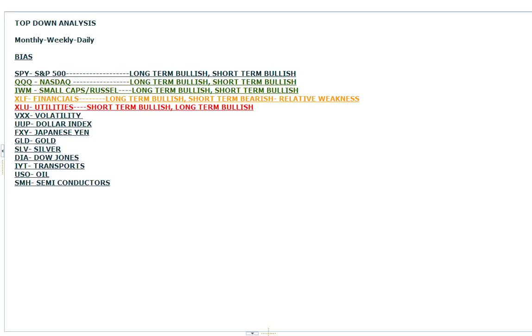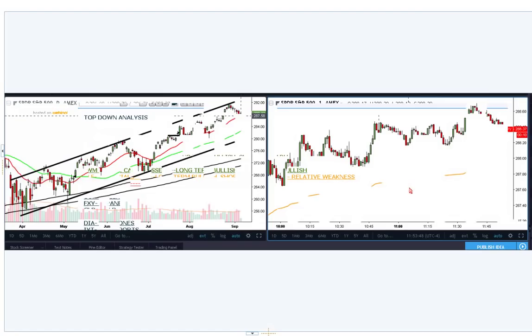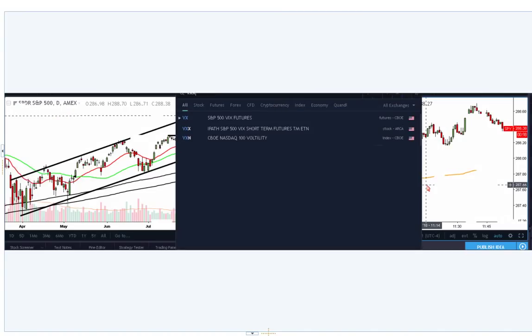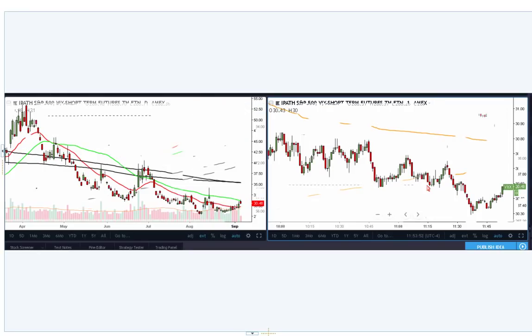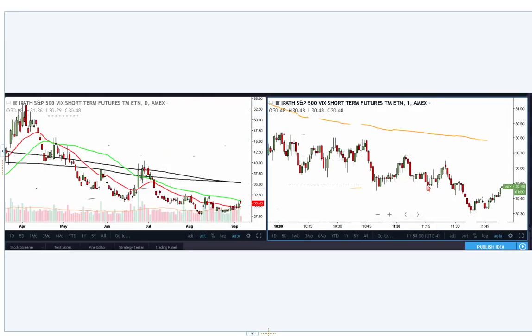All right, now volatility, VXX. I don't really consider it that much, but all you need to know is that it's an inverse relationship, which means if the market's going lower, the VIX is going higher, right? Market's going higher, the VIX is going lower, and vice versa. As you saw, the market was basically going higher, and VIX was going lower, right?